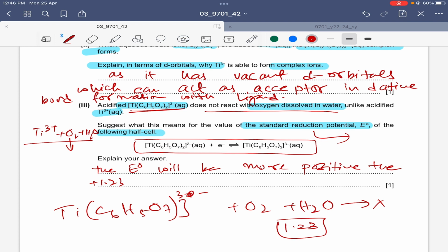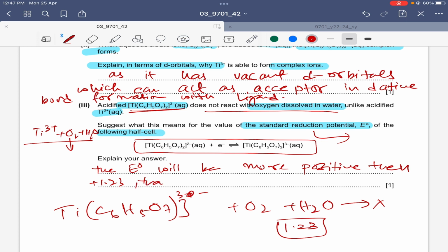Which makes the delta E negative, and that's why the reaction would not occur, because for the reaction to happen, E0 cell must be positive. So if it is higher, that means the reaction cannot happen. If the half cell in which oxidation has to take place has a more positive reduction potential value, that means no reaction will occur. So the E naught value would be more positive than plus 1.23.